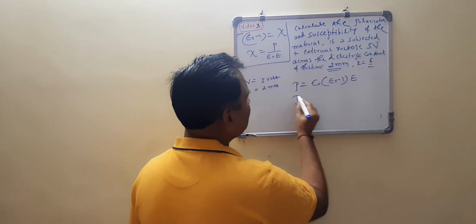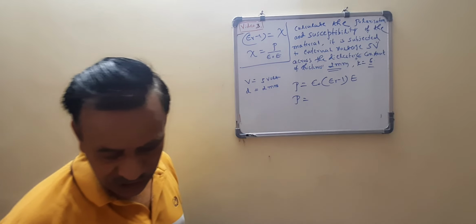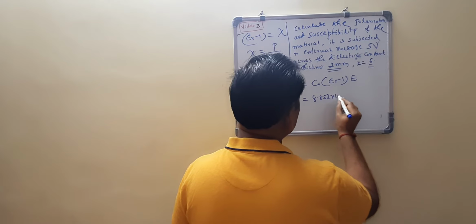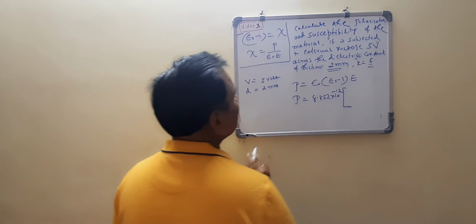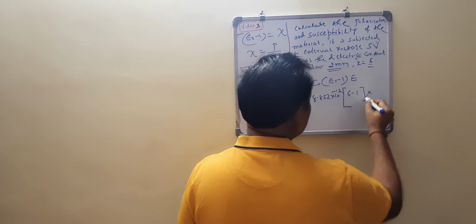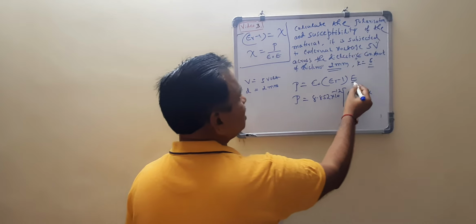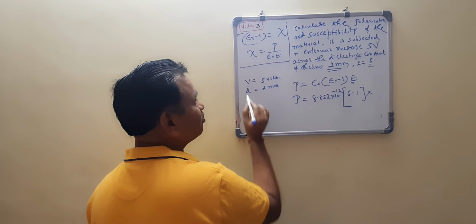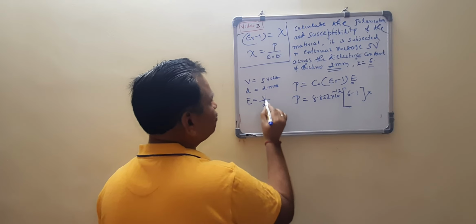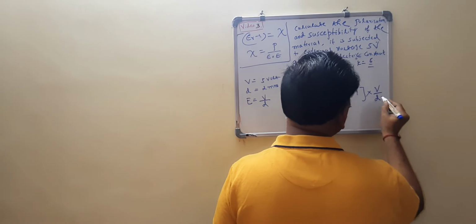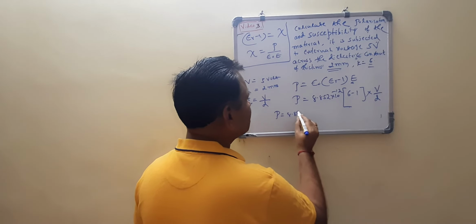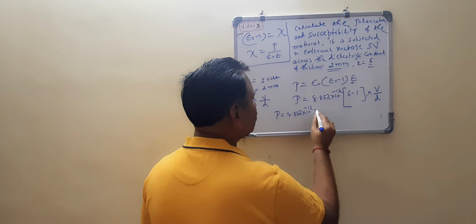Substitute all this. P equal to epsilon naught value, you know that epsilon naught is 8.852 into 10 to the power of minus 12.